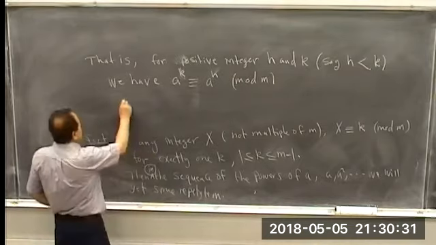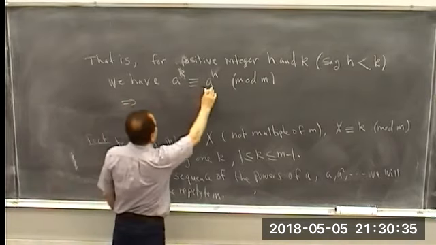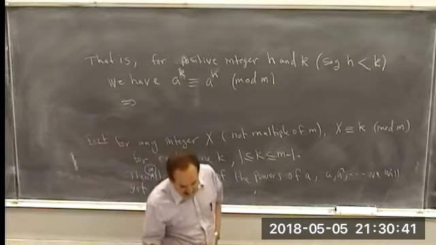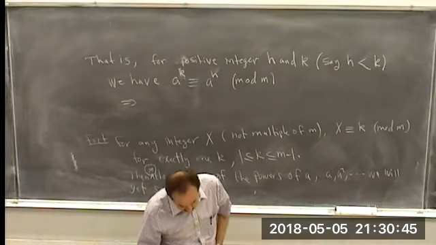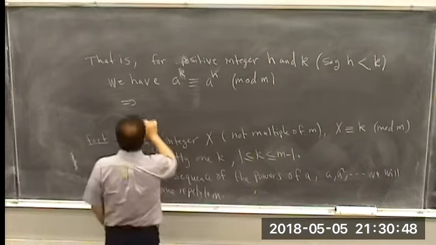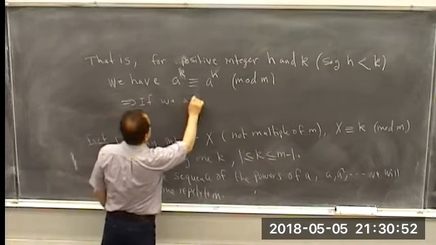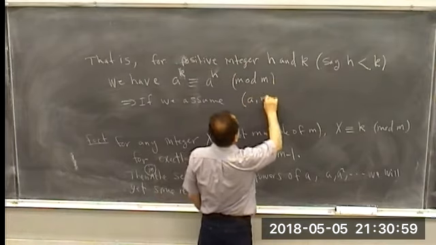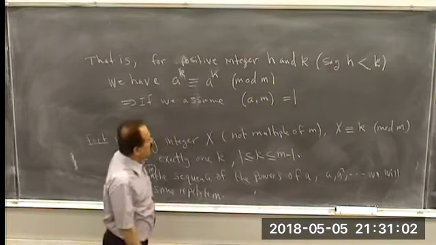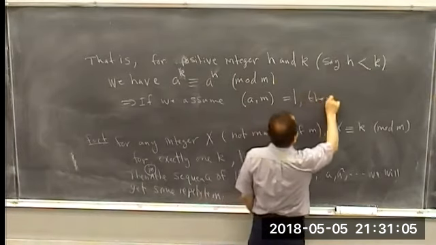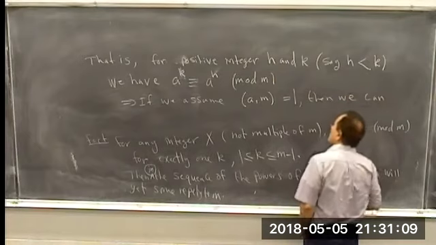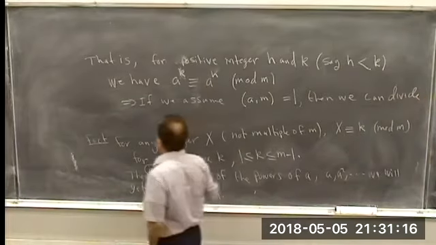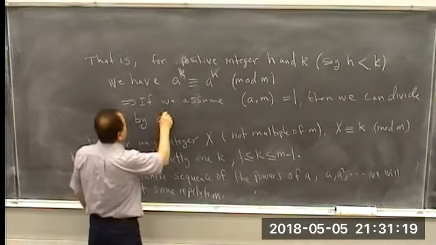All right, and I wanted to add one more condition here: if we assume that the greatest common divisor of A and m is equal to 1, so these are relatively prime, then we can divide both sides by A to the smaller exponent h.